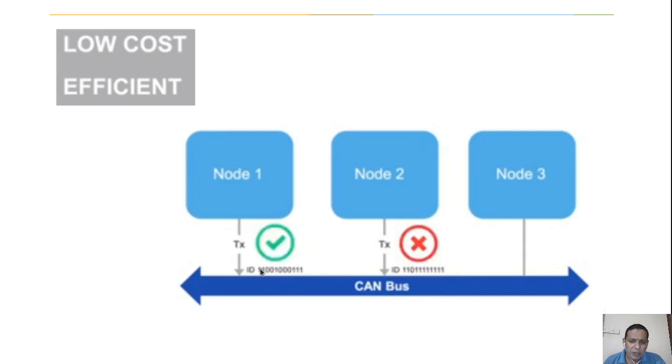Only one device can access the bus at a time, and that is decided by the identifier. The identifier having a lesser value will have more priority for accessing the bus. If the value is higher, it will have lesser priority. So an identifier having a lesser value will get priority over an identifier having a higher value.